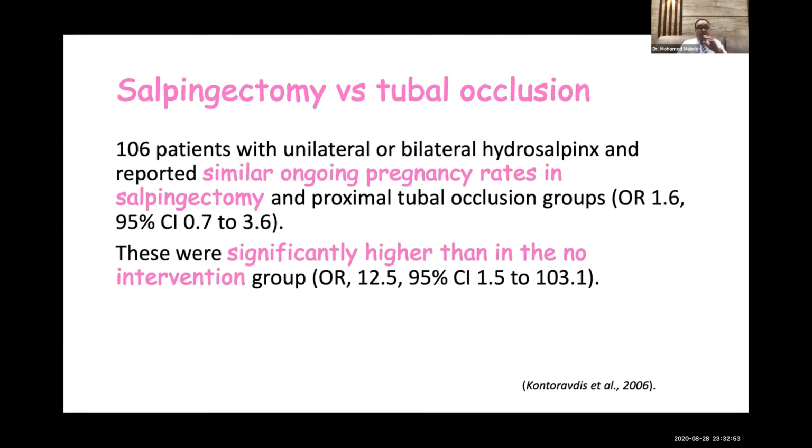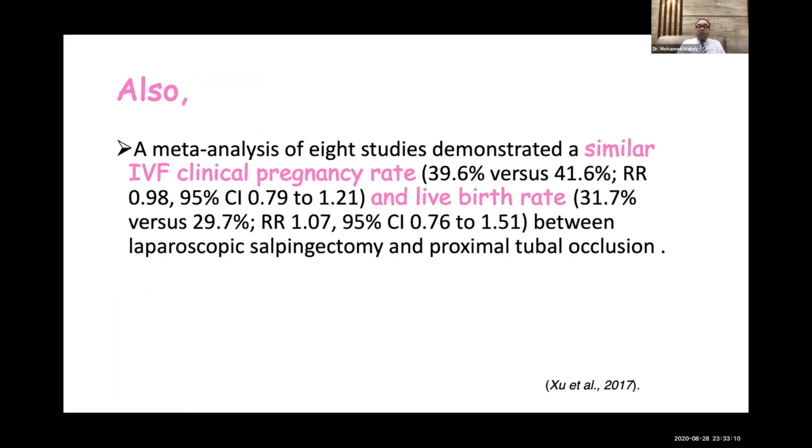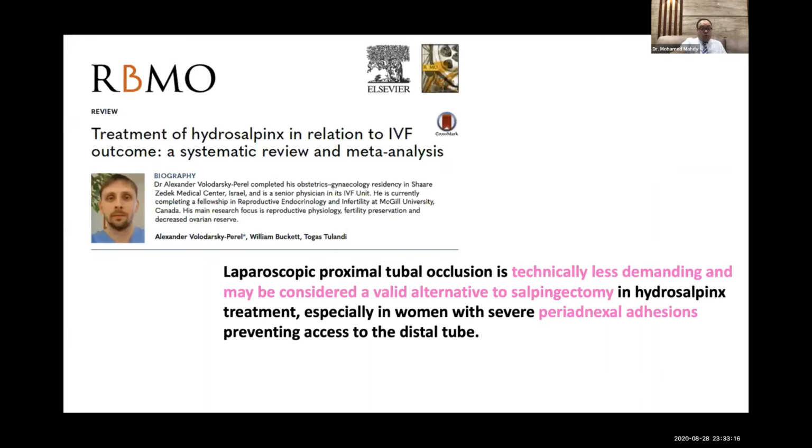Another study comparing salpingectomy with tubal occlusion only, done on 106 patients, showed similar ongoing pregnancy rates. Also, a meta-analysis showed similar clinical pregnancy rate and live birth rate between salpingectomy and proximal tubal occlusion. The recent meta-analysis showed the same result.